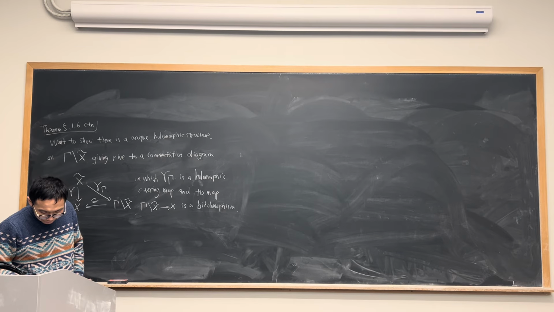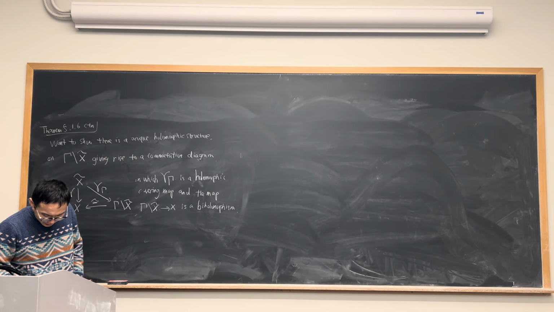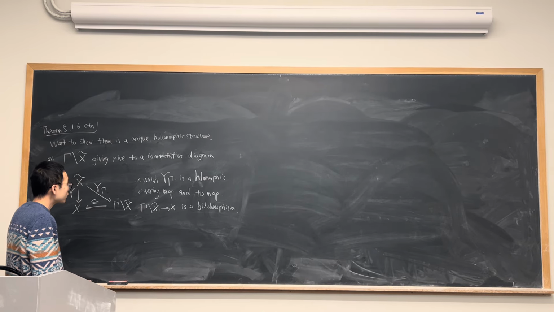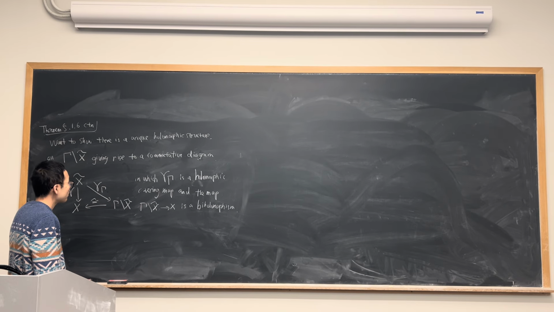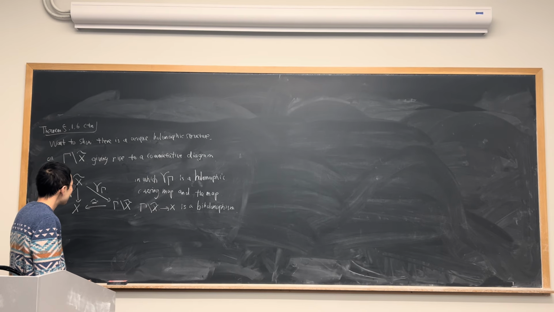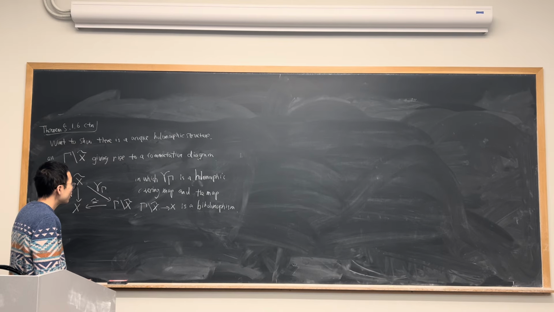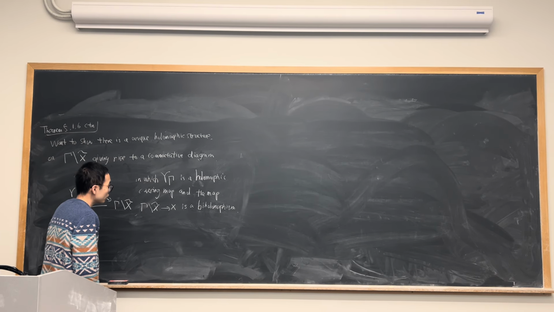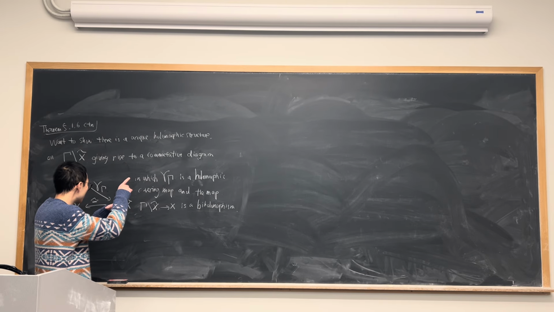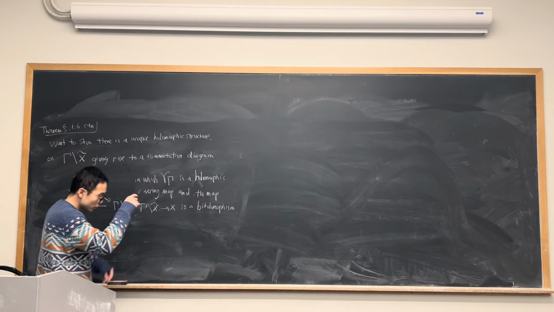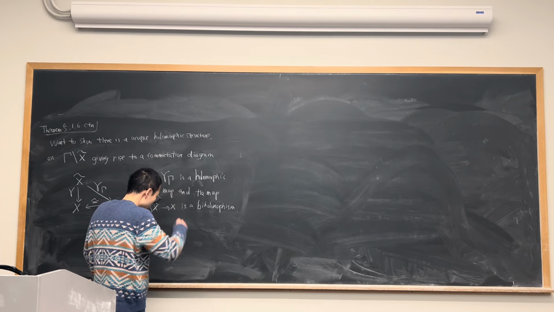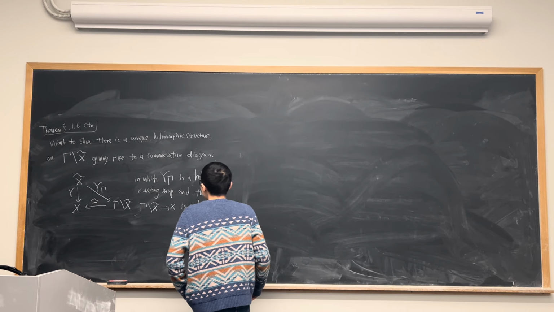So I think we can just define the holomorphic structure to be, you extend the map of X and then you do the iteration by this local homeomorphism, I think.